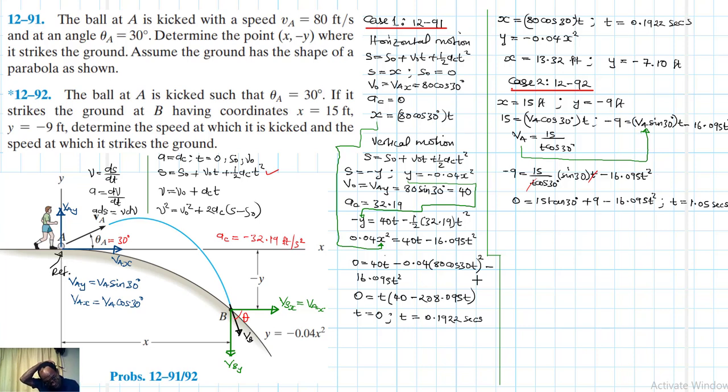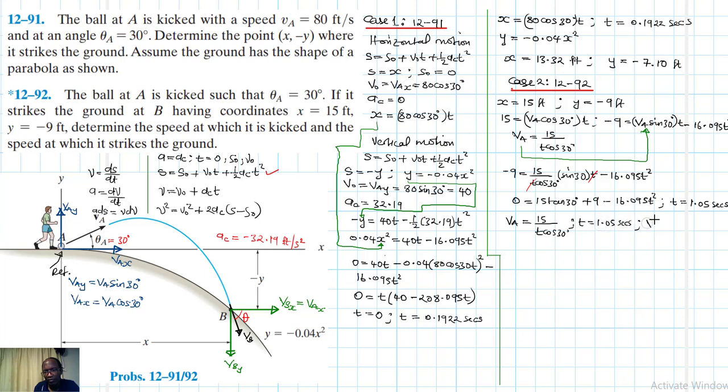Alright, so that is the time in the second case it takes for the ball to move from A to B. But of course, you're interested in VA. So let's use this equation to find VA. We know that our VA is equal to 15 divided by t cos 30 degrees, t equal to 1.05 seconds.